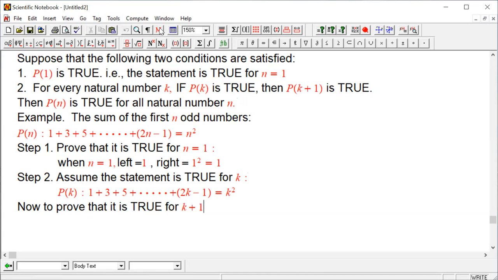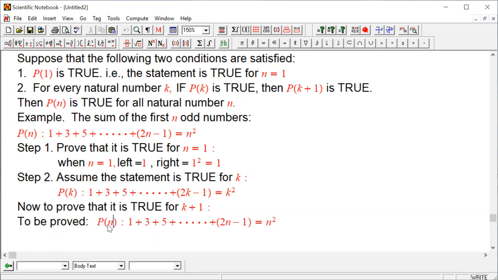So what is to be proved? To be proved is this. Let me put it over here on the same line.